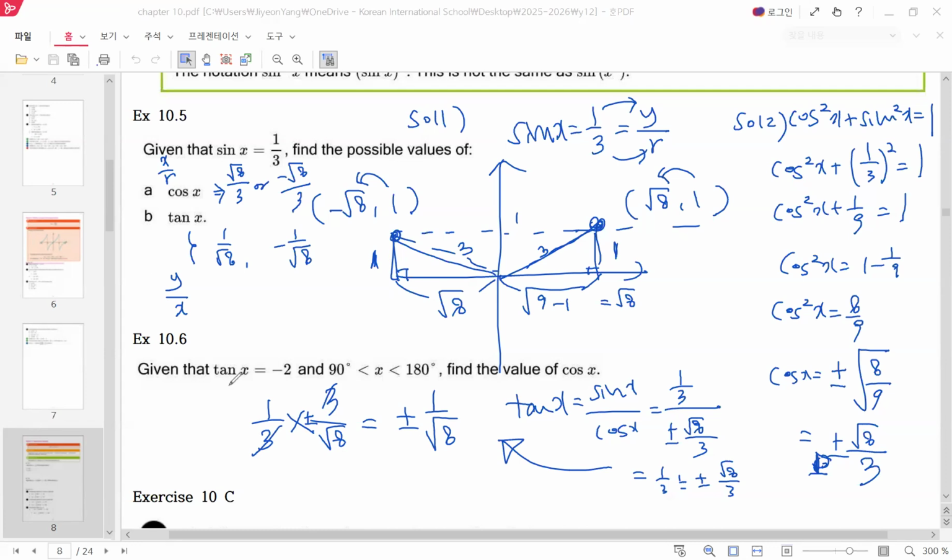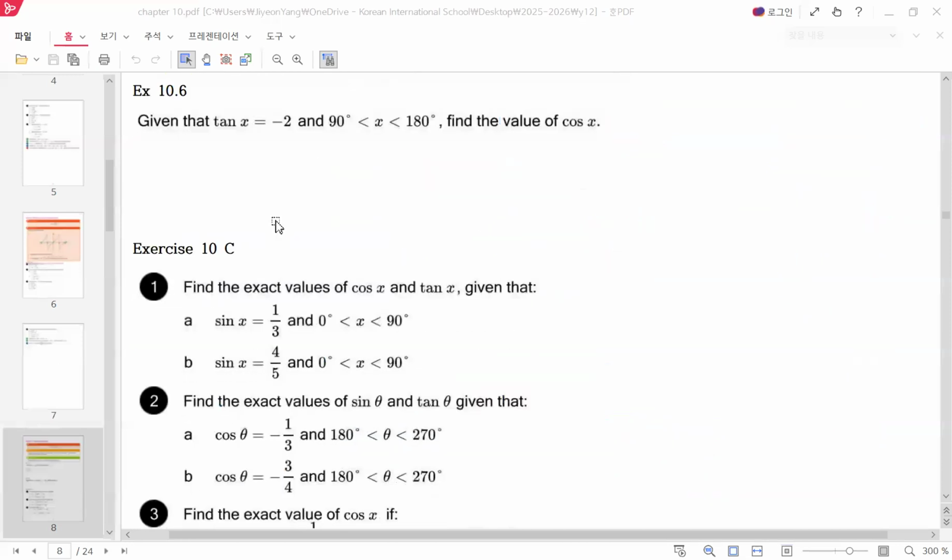But students, it's going to be easier if you use the coordinates. For example, let's say tangent x is given as -2. What is the definition of tangent x, students? Y over x, right? Yes. So therefore, you can use it as 2 over -1 or -2 over 1. Do you understand?